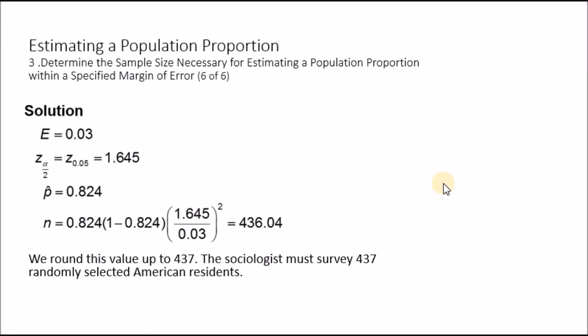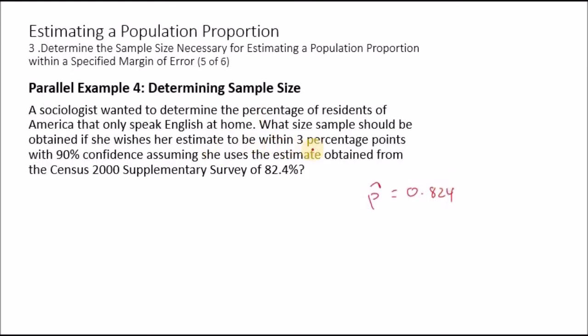The margin of error from the question: she wants the estimate to be within 3 percentage points. That means the margin of error is 0.03, and the confidence level is 90%. That means alpha is 10%, and alpha divided by 2 is 0.05, and from that we're going to find Z sub alpha divided by 2.